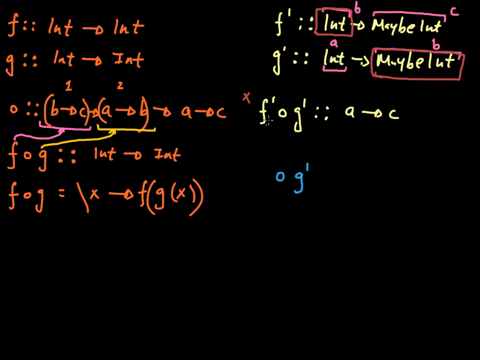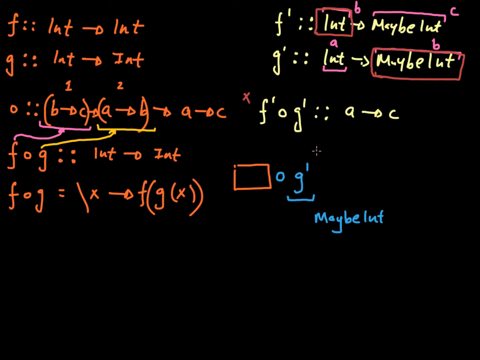What I really want here is that the output of this g prime, which is basically maybe integer, is going to become the input of this piece in orange there. Whatever I'm going to put in that orange box is going to consume as an input the output of g prime.